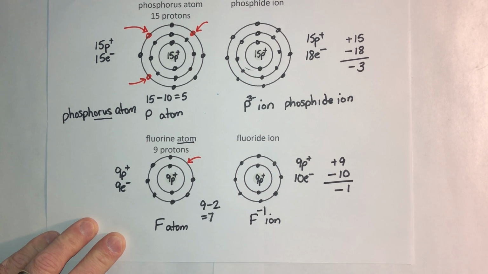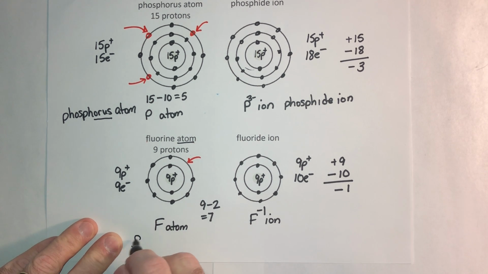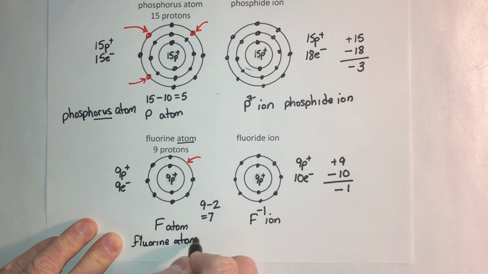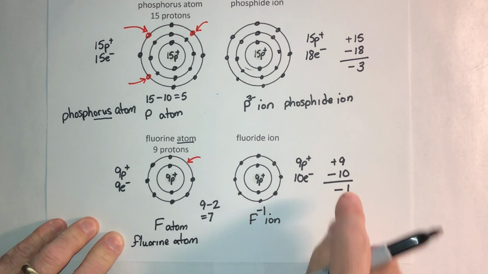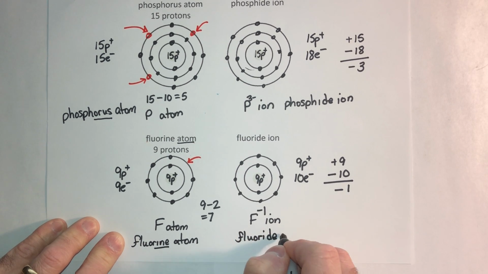That allows you to predict what your charge is going to be. If we write the name, this was a fluorine atom. Because it is negatively charged, we're going to lose the original ending of "ine" and turn it into an "ide." So this becomes fluoride ion.